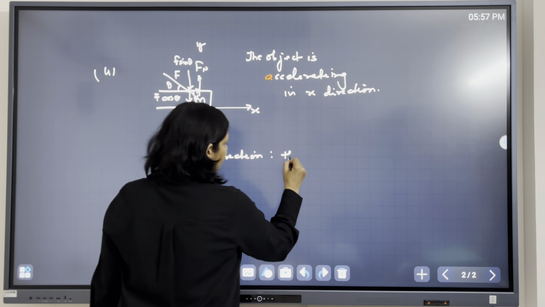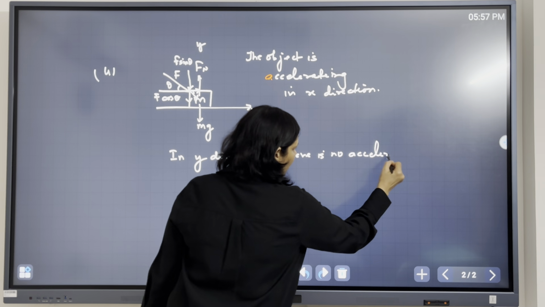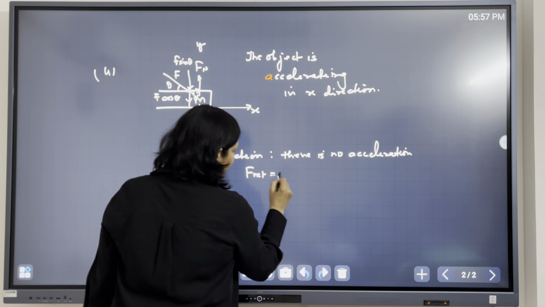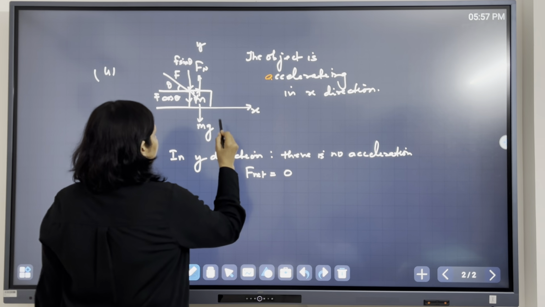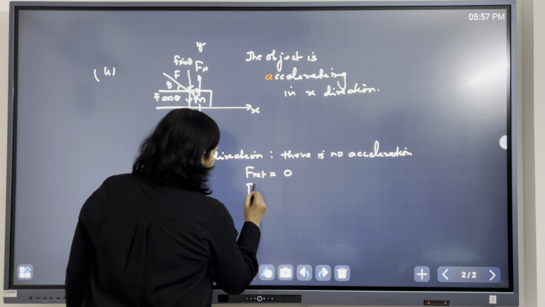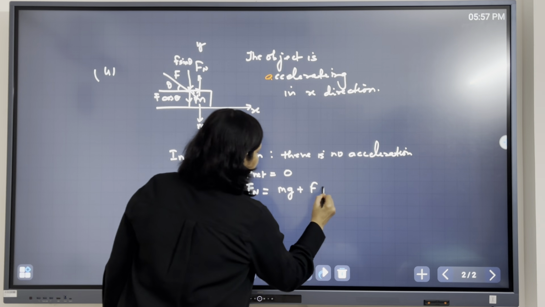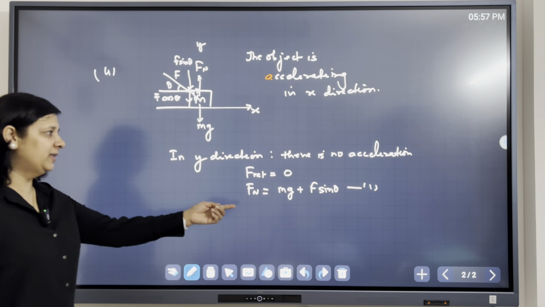There is no acceleration. So how do I apply Newton's second law? F net is equal to 0, right, in y direction. So downward force, this is upward force, mg plus F sin theta. This is equation 1. I hope this is clear.